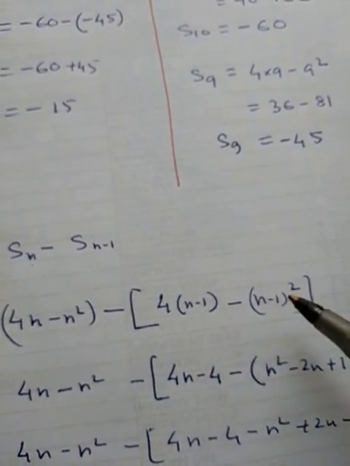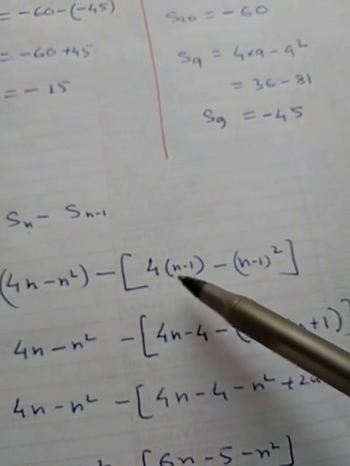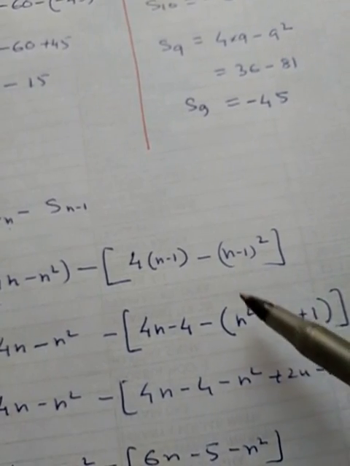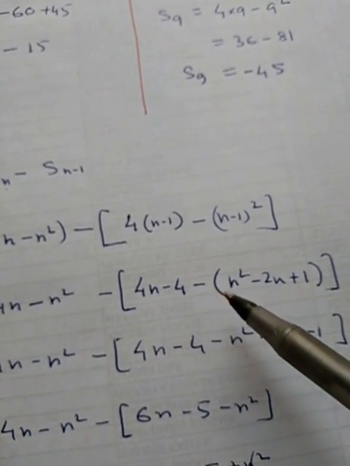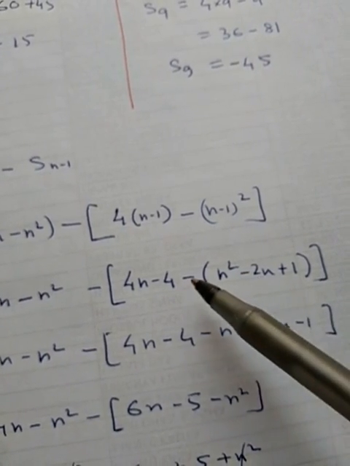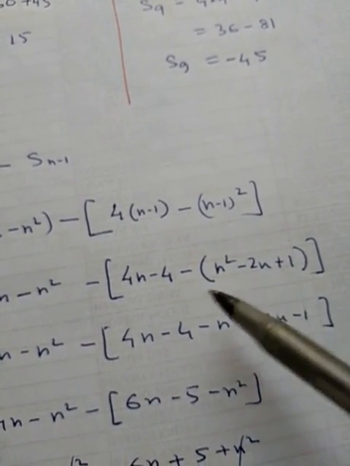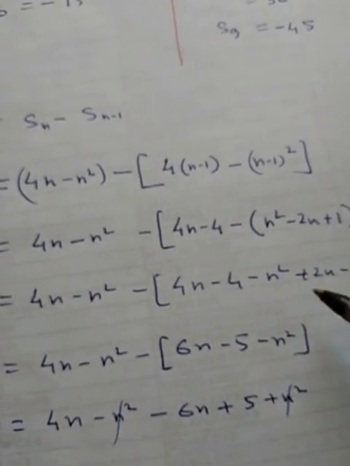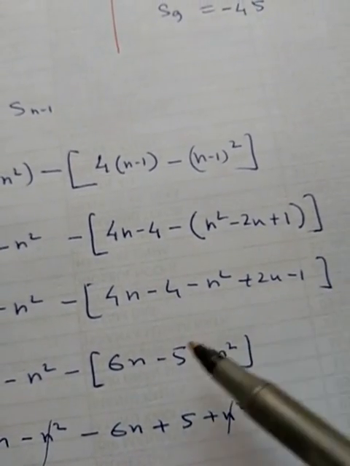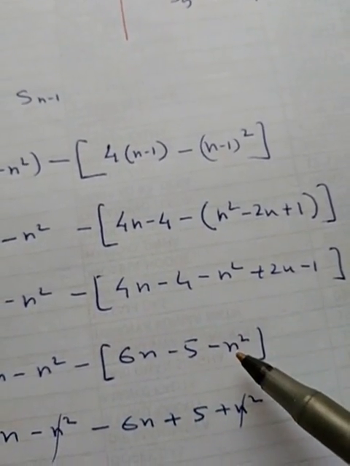Then 4n minus 4, and for a minus b whole square we use a square minus 2ab plus b square. Breaking the bracket, it becomes minus n square, minus minus will be plus, and plus minus will be minus. Simplifying, 4n plus 2n is 6n, minus 4 minus 1 is minus 5, and minus n square.